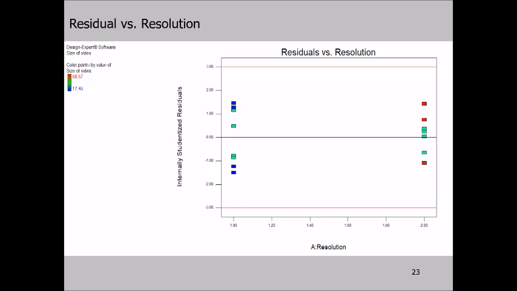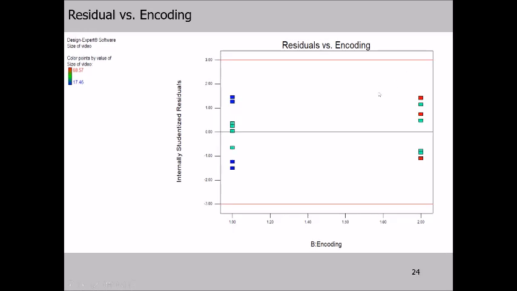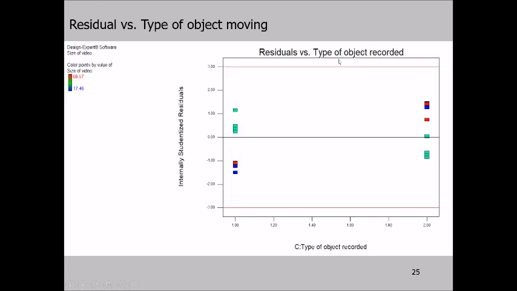We can also include other factors. If a variable affects the response, it should behave in a systematic way. So this is the residual versus another factor, encoding, and the type of object.